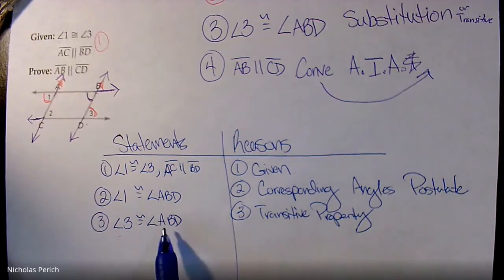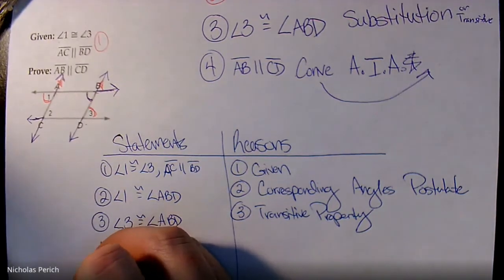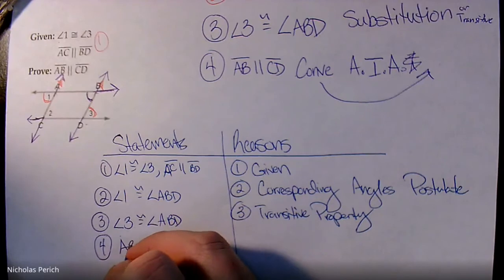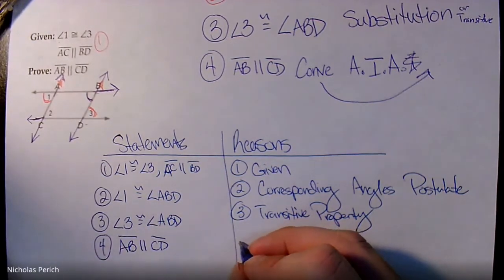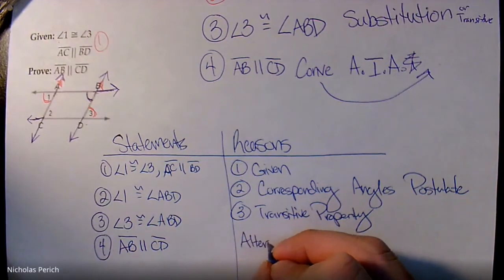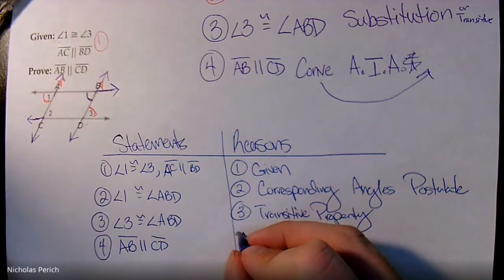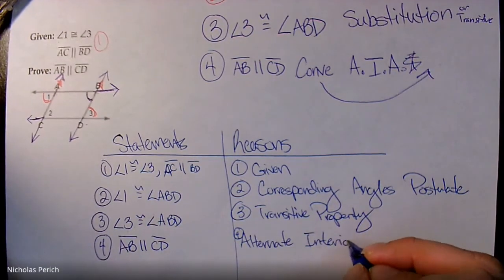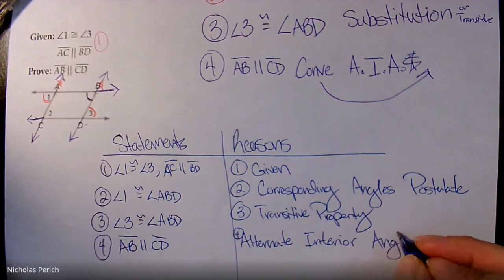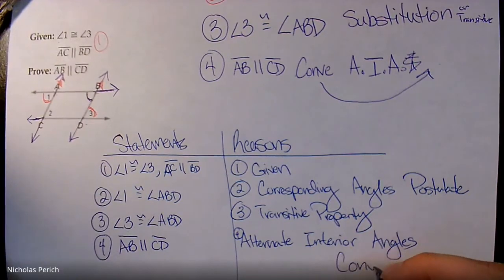And if angle 3 is congruent to angle ABD, that finishes our proof. And that's the alternate interior angles converse.